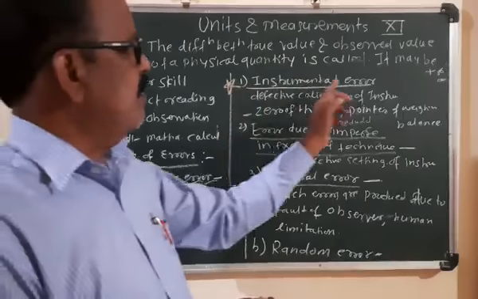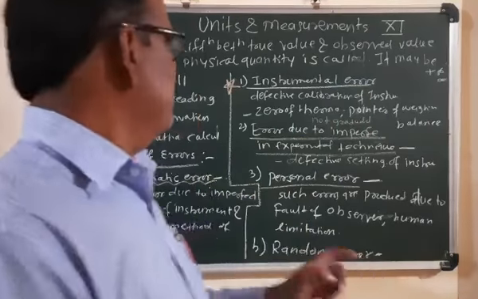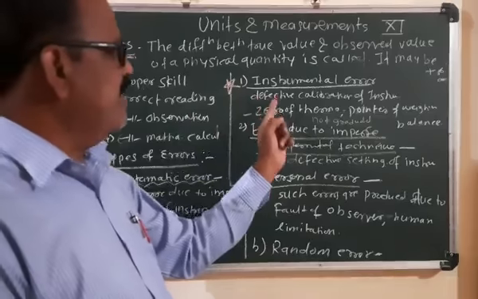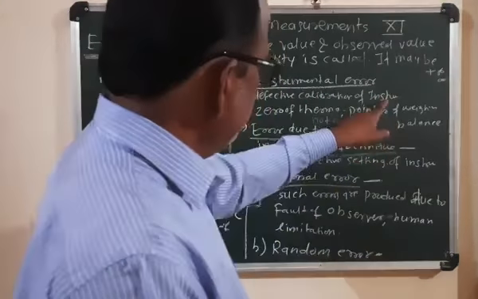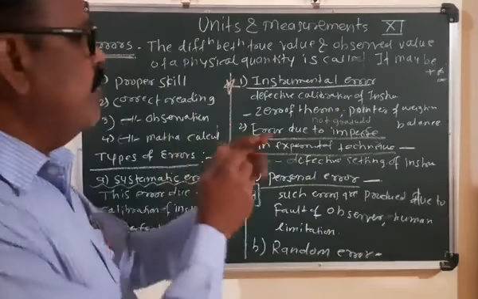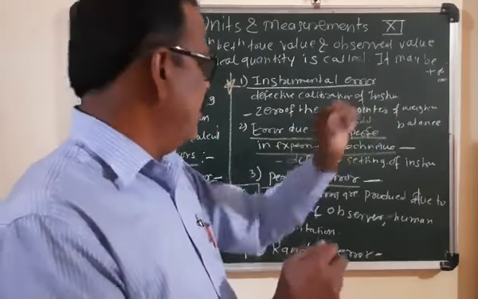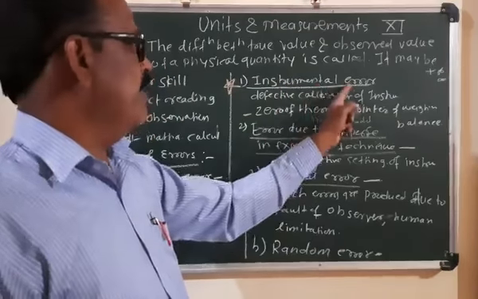The first type is called the instrumental error. What is meant by instrumental error? Instrumental error is due to the defective calibration of instruments. That is, a defect is produced in the instrument, and then the error produced is called the instrumental error.